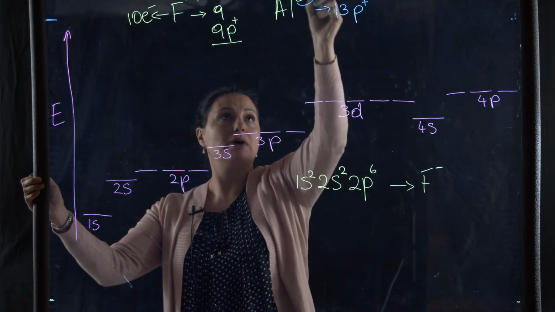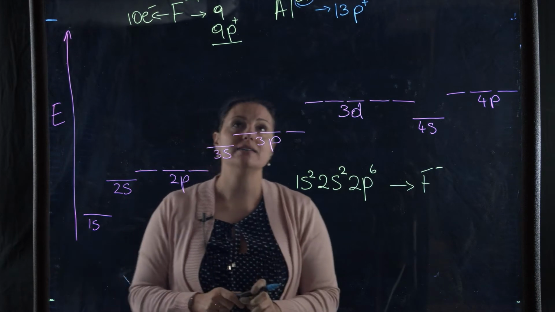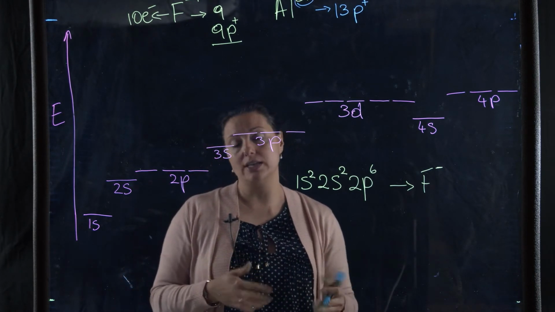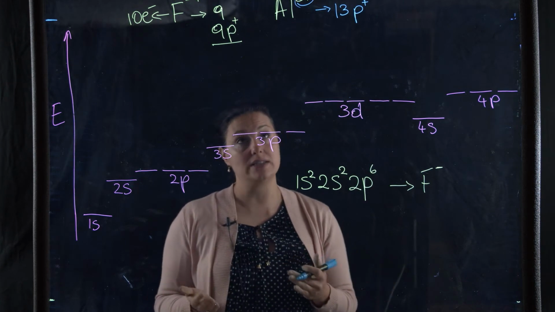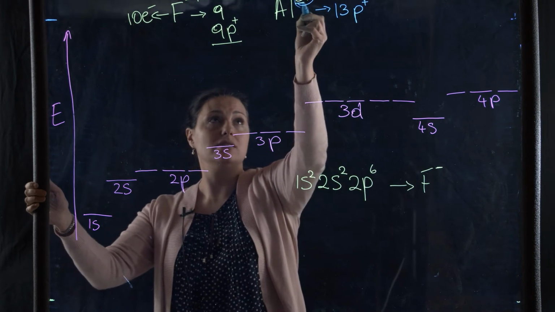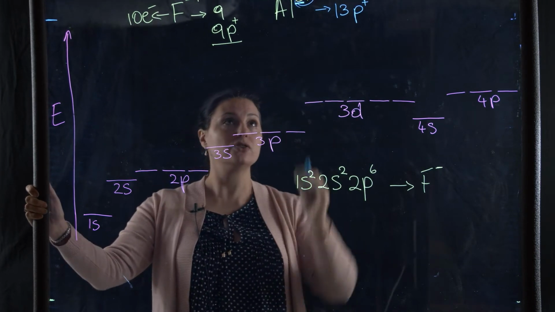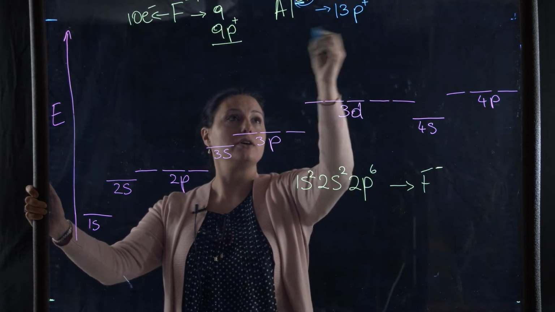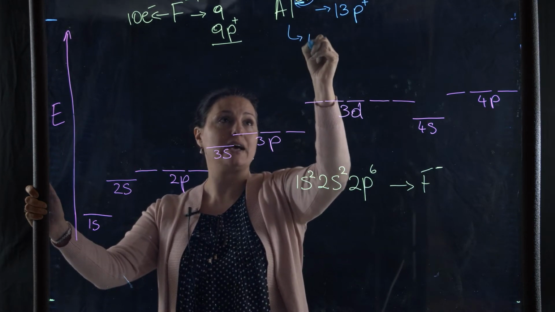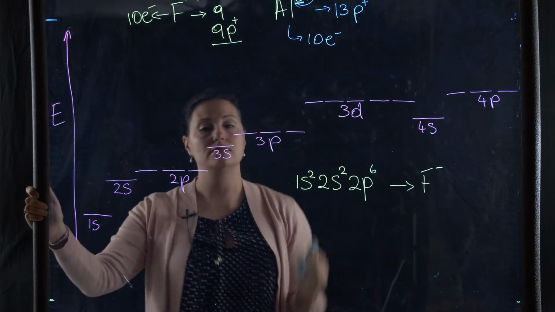However, I have a positive charge, which tells me that I have an excess of protons. I have more protons than I do electrons. That means that aluminum has lost some electrons. And how many has it lost? That number tells me how many. So it has lost 3. Therefore, instead of 13 electrons, it has 3 less, which means that it has 10 electrons.